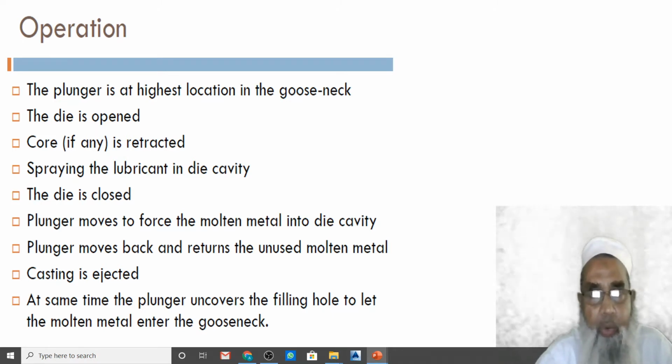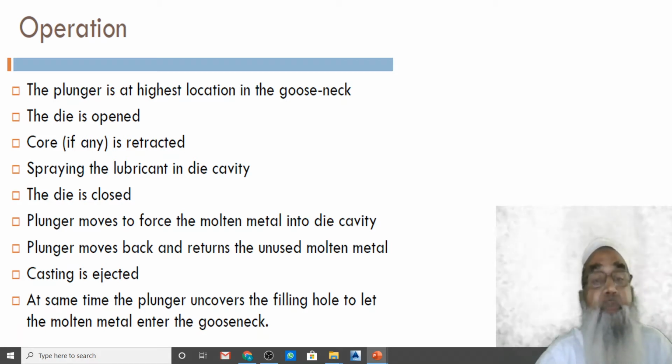The wall of the mold cavity is sprayed so that the molten metal does not come in direct contact with the mold surface and deteriorate the surface finish. After that, the die is closed. The plunger is moved so that it forces the molten metal into the cavity.